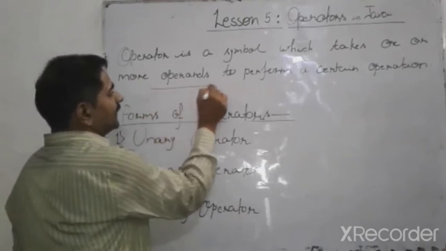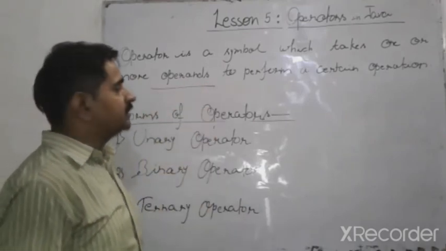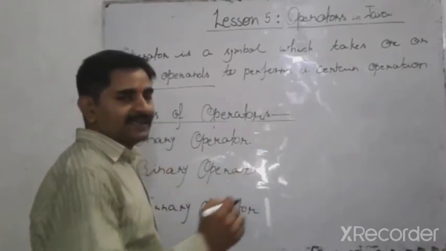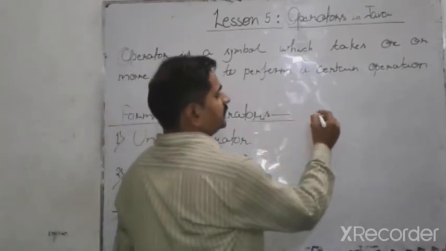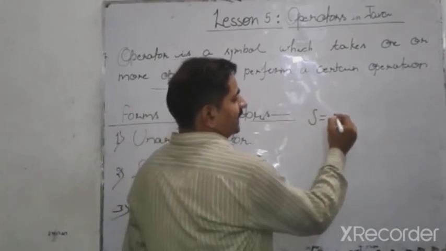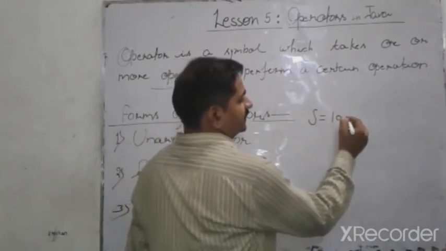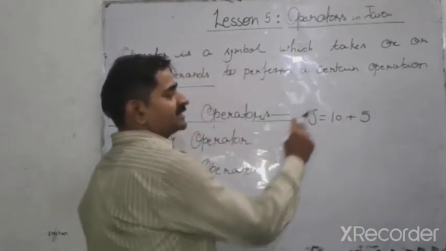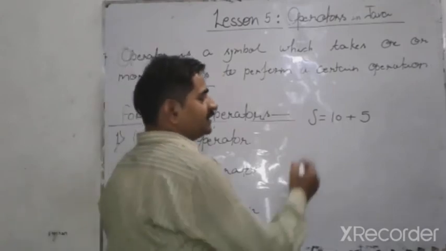Here, the word operands may be new for you. So for this we take an example. Suppose you have to perform the addition operation between 10 and 5. So we write the statement in this way.